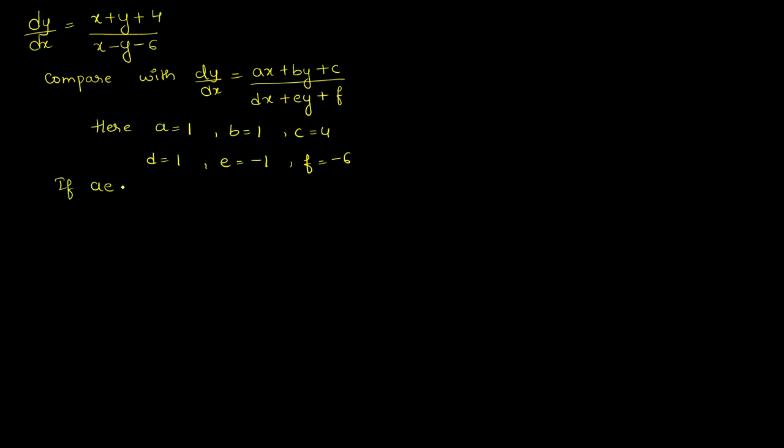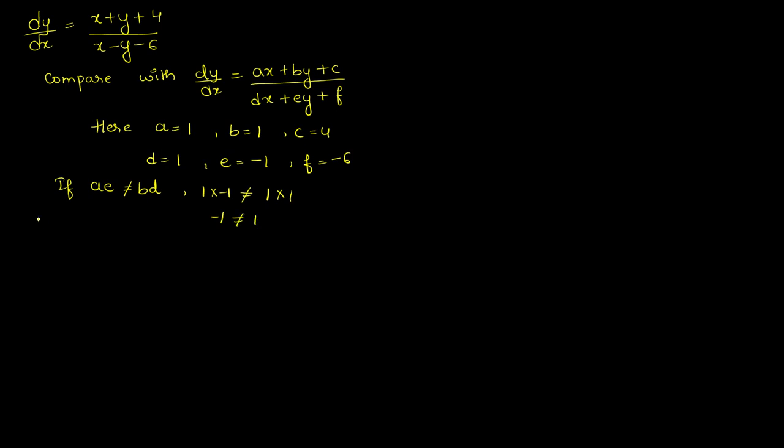if ae is equal to or not equal to bd. So if we compare the values here, a is 1 multiplied by e, that is minus 1, and then we have bd. b is 1, d is 1. So in this case, we see that minus 1 is not equal to 1.